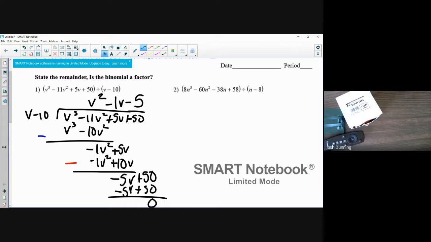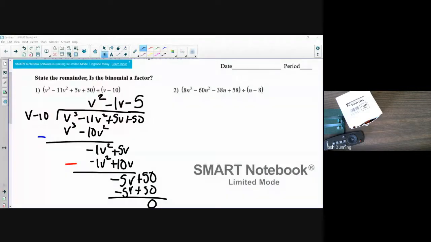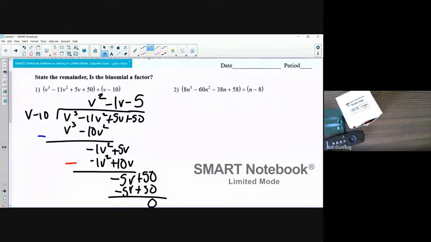Now, if you divide something by one of its factors, it will go in evenly and there won't be a remainder. Like 10 divided by 5 is just 2. There's no remainder because 5 is a factor of 10. So this one's a factor. Now, what the remainder theorem is, if all I want is the remainder, you can plug in the solution that would be associated with v minus 10, if v minus 10 was a factor.